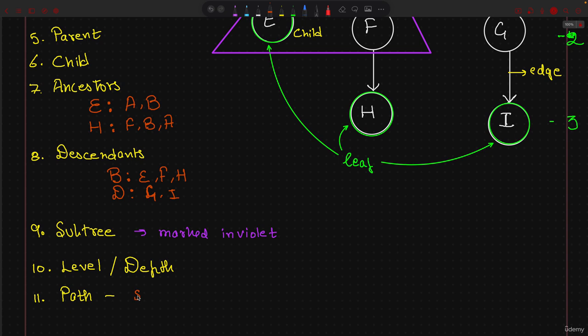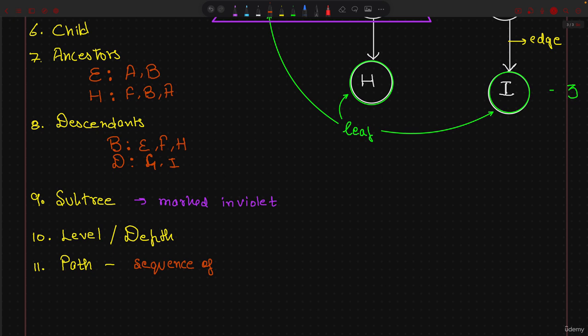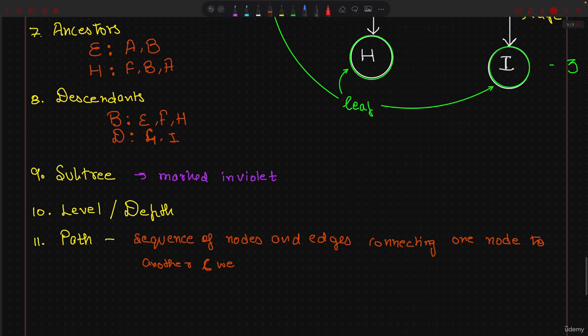So let me write it down. Sequence of nodes and edges connecting one node to another. Just make sure that we can only move downwards. Okay, so I will explain what I mean by that.